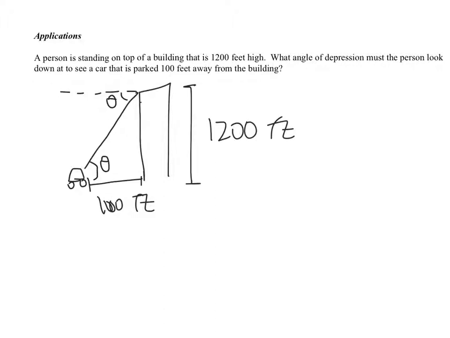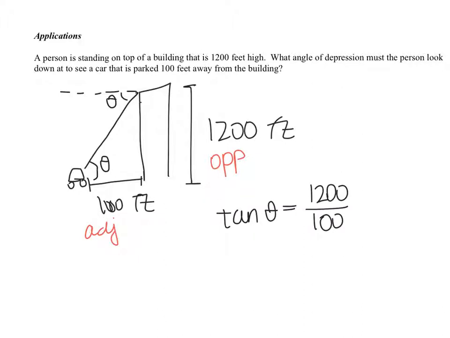So we want to set up the ratio based off our angle theta. 1,200 is the side opposite and 100 is our side adjacent. So we're going to set up the tangent ratio. Tangent of theta is going to equal 1,200 over 100, which if I simplify gives me tangent of theta equals 12.